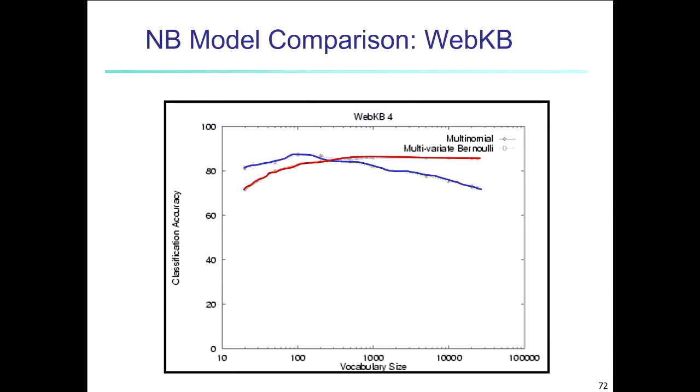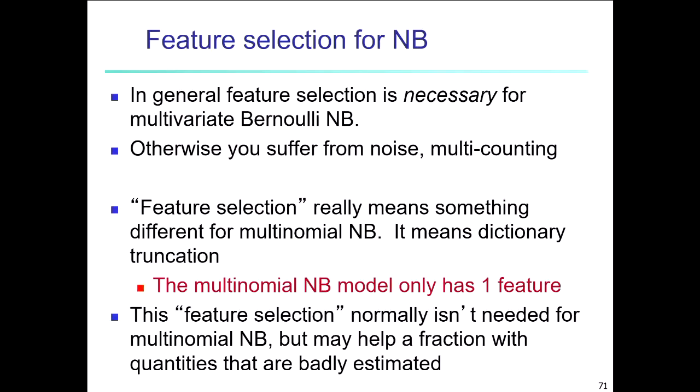As you can see, when the vocabulary size grows, the performance of the Bernoulli model actually reduces. That's why you need to do feature selection in order to keep the performance better. Otherwise, you will suffer from noise or multi-counting.